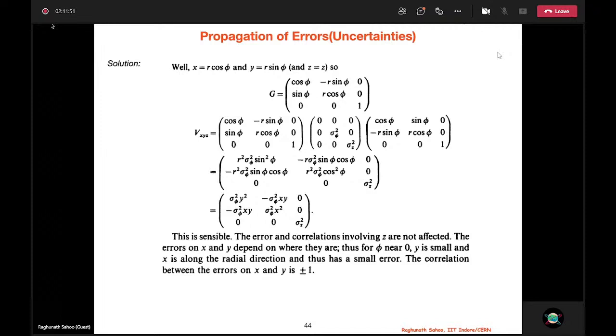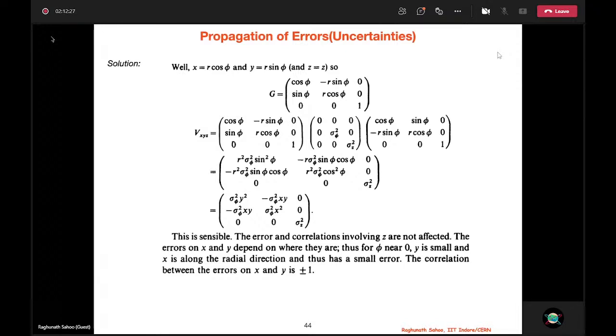We know the formula for x in terms of r and phi. So x is equal to r cos phi, y is equal to r sin phi, and z is equal to 0, of course. Then I can construct the matrix G. To calculate V of x, y, z, I use the earlier formula: G, then your V error matrix, then G transpose, and I multiply everything. After multiplication, you see I have the errors on x, y and z.